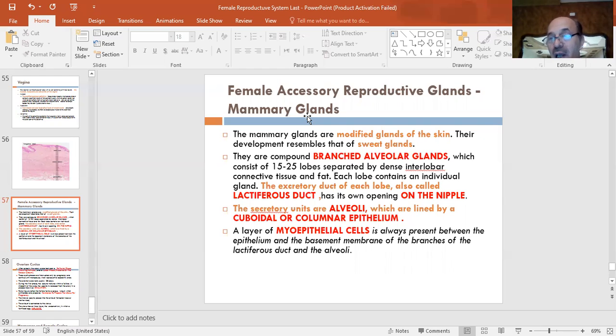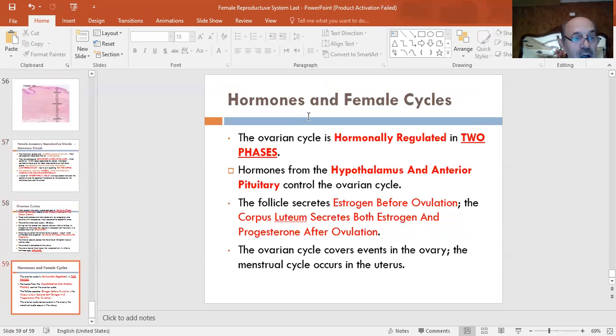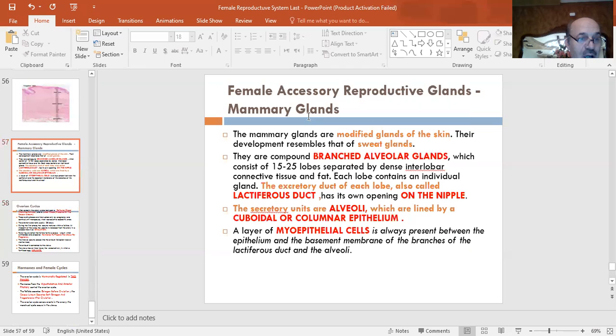And of course, because you need ejection of the milk, you have myoepithelial cells around that structure. All right. In fact, I will add that section of the alveoli of the mammary gland, it's not here. So that is the end of the lecture, and I wish you all the best.